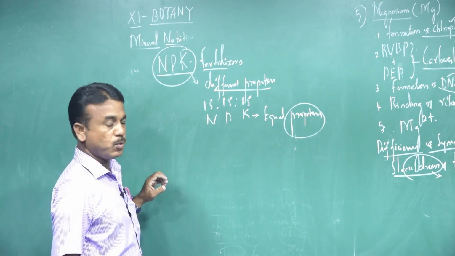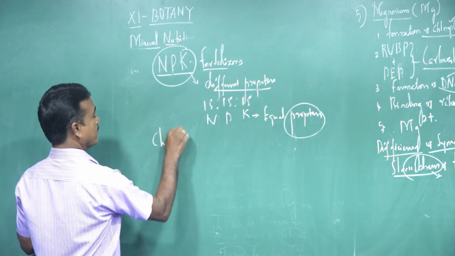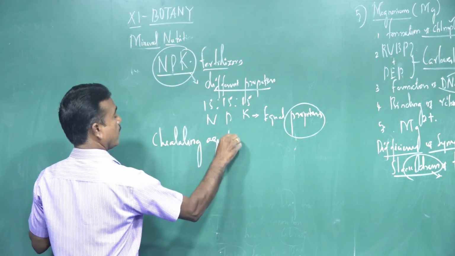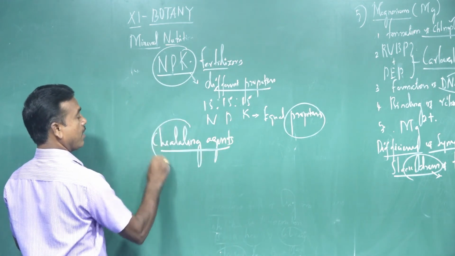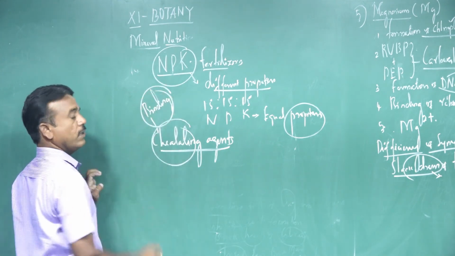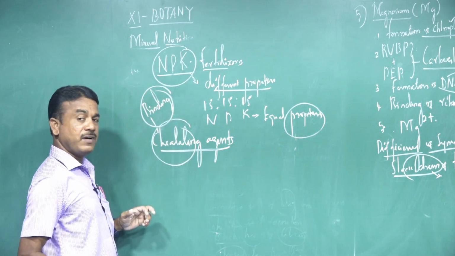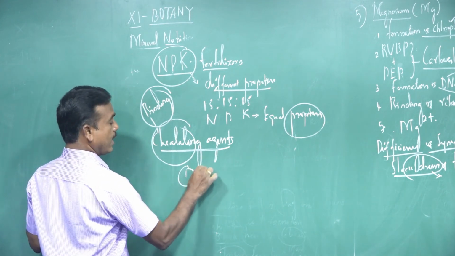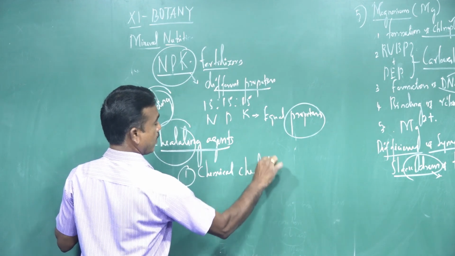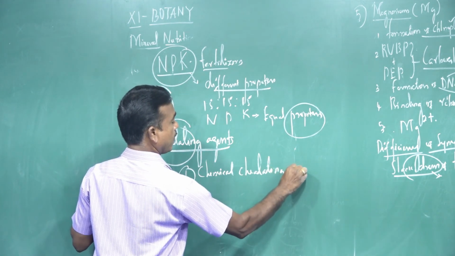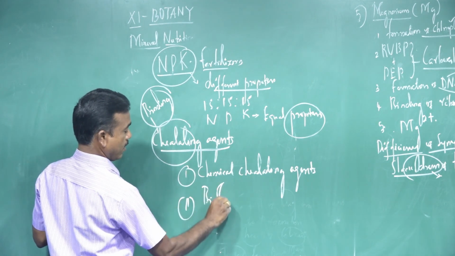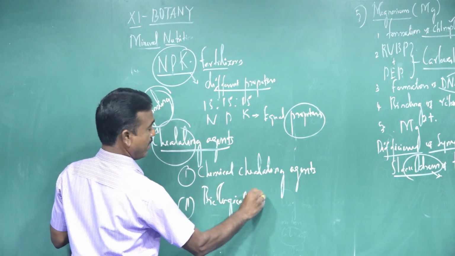The last topic we are going to discuss is chelating agents. What do you mean by chelating agents? They are binding agents. Based on the binding nature, they can be classified into two types, namely chemical chelating agents and biological chelating agents.